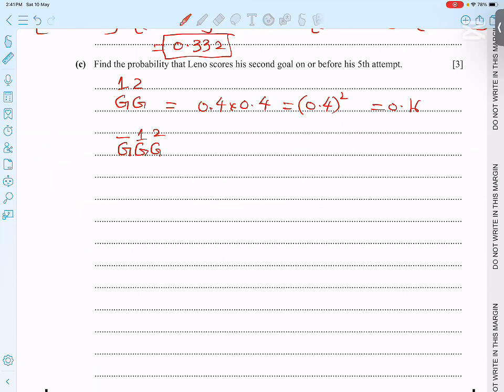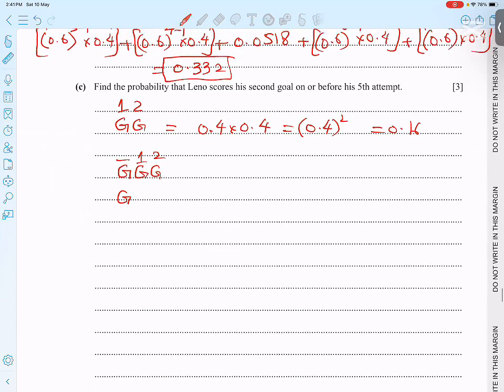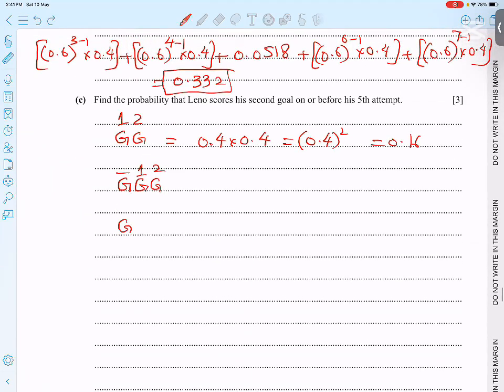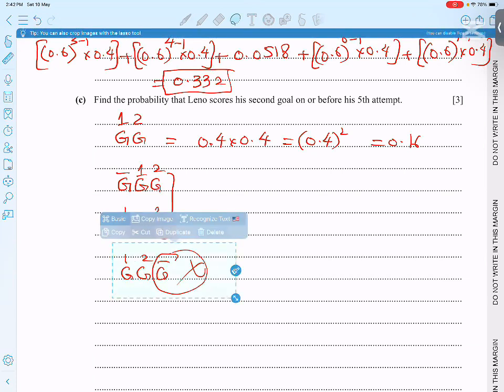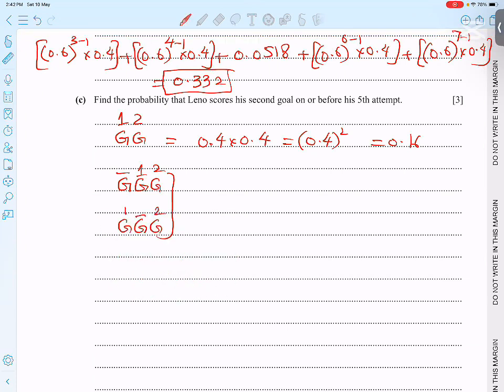How come 2 possibilities? Maybe he scored a goal in the first attempt and not goal, and then goal comes in the second. So that is why we have 2 possibilities. Some students think that maybe first goal and second goal and then not goal, wrong. This is not possible. We will not talk about this one, since not goal should not come in the last position. Make sure. So that is 2 possibilities.